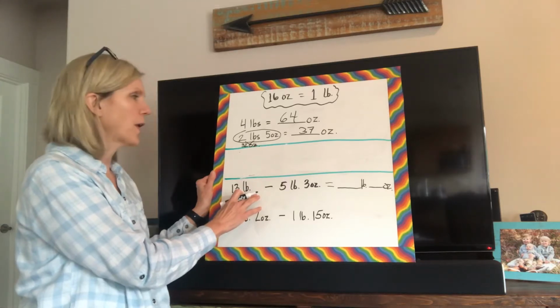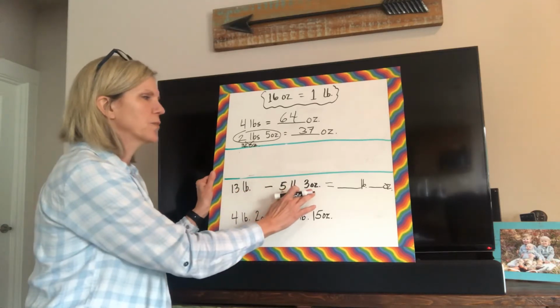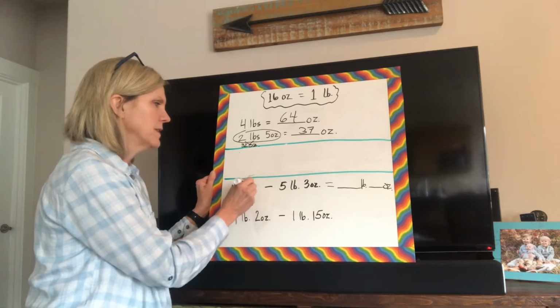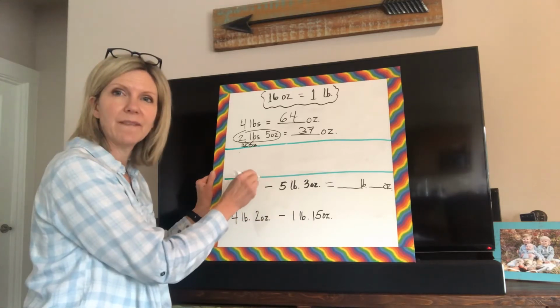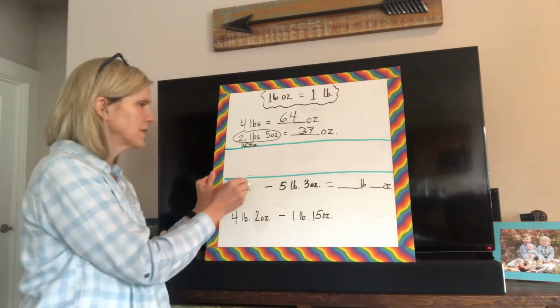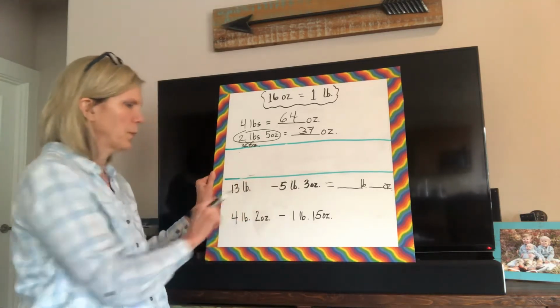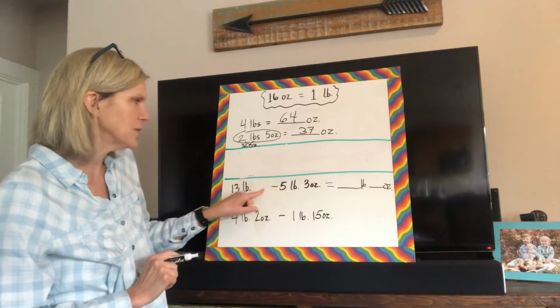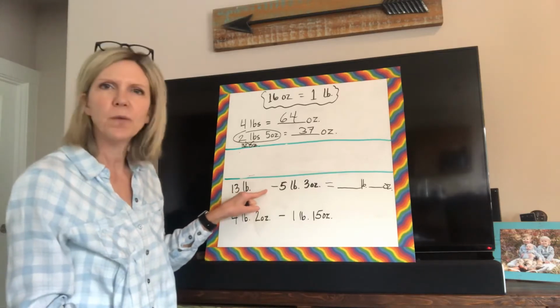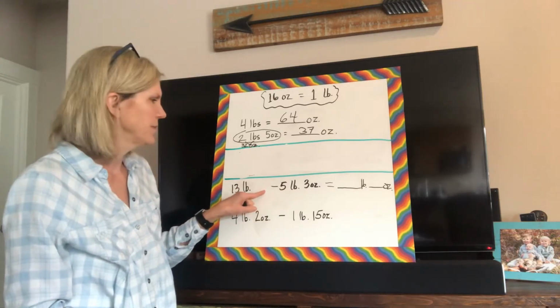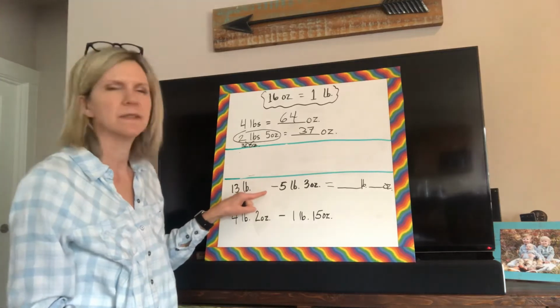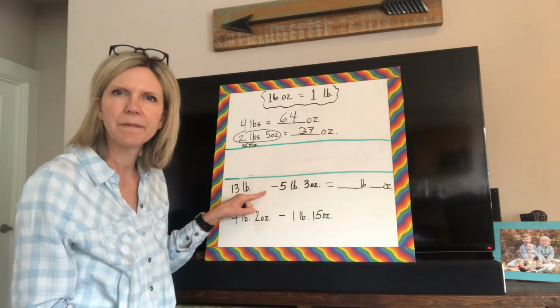So that presents a problem. We can't subtract 3 ounces from 0 ounces, right? So we need to put some ounces here. How would we do that? I want you to think about that.